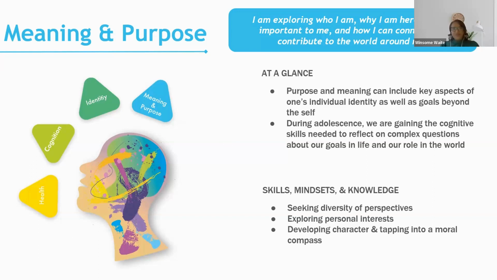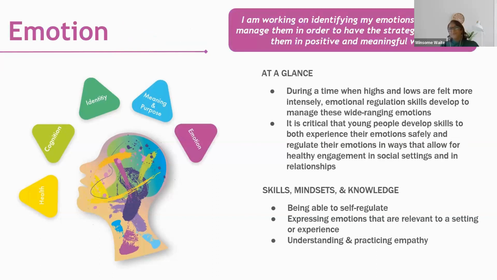As we look at the emotion domain, all of us who have been around young people going through adolescence are really keen on this one. We know adolescents do go through those extreme highs and lows. This is because, honestly, the part of the brain that processes emotions is rapidly improving and developing during adolescence. As I said before, the cognitive domain is not moving as fast as that emotional one.